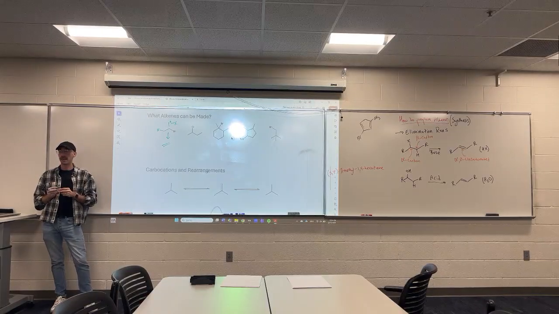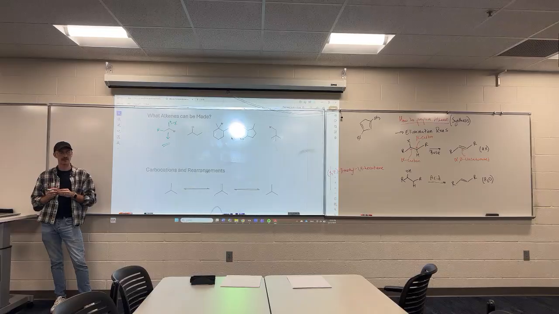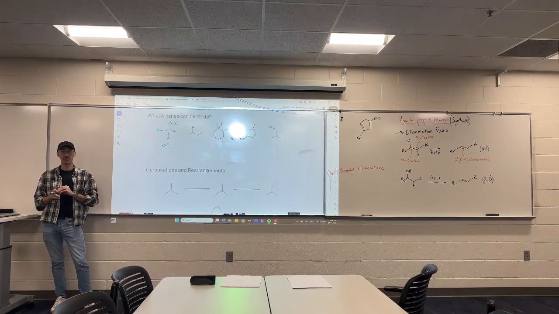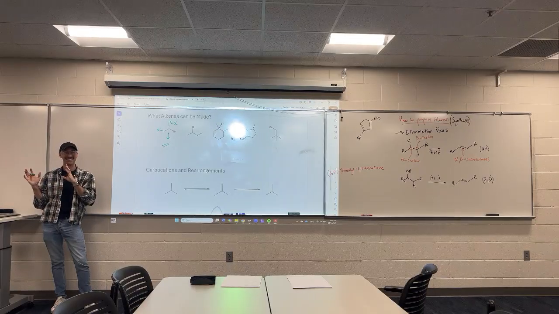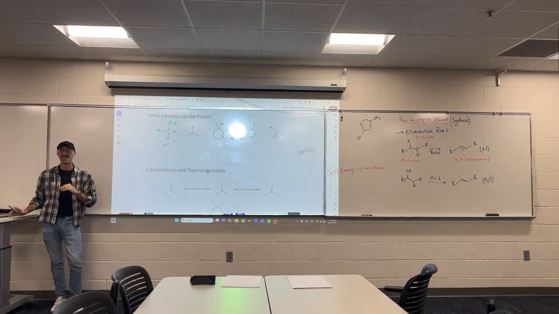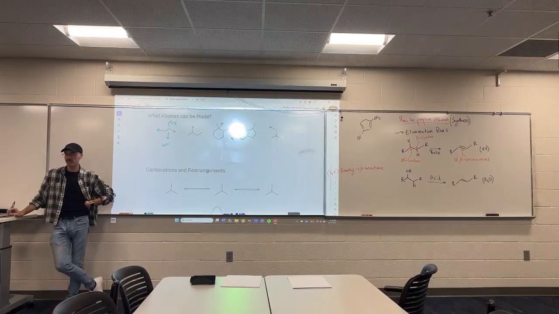Do we remember the name for this alkene? It's in your notes if you don't remember it off the top of your head. You could name it systematically, which would be two carbons.